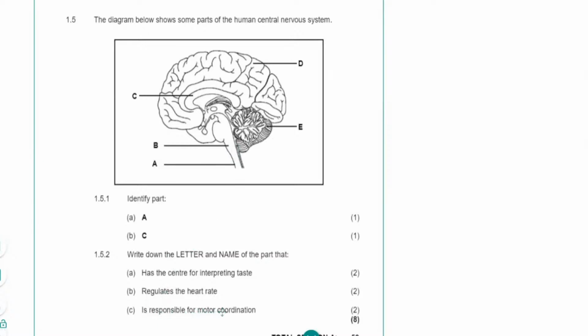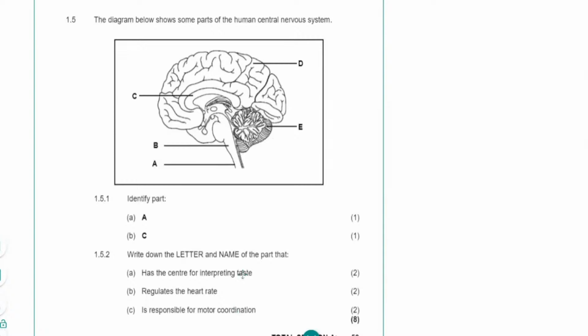Is responsible for motor coordination. What is motor coordination? Basically balancing, walking, capturing a ball, things which bring about balancing.